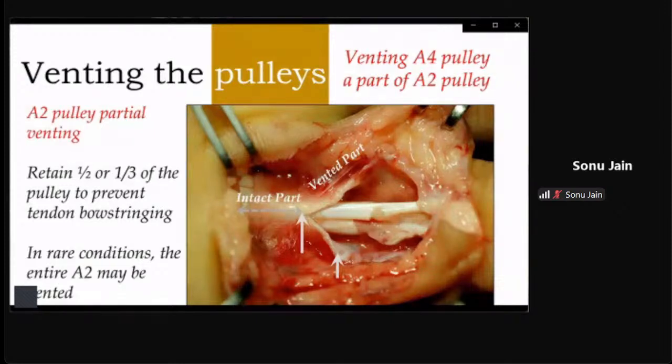In rare conditions, if venting the entire A2 pulley is necessary, you can perform that if the other pulleys are intact. But such a situation is not commonly seen. So in most cases, partial A2 pulley venting is sufficient.